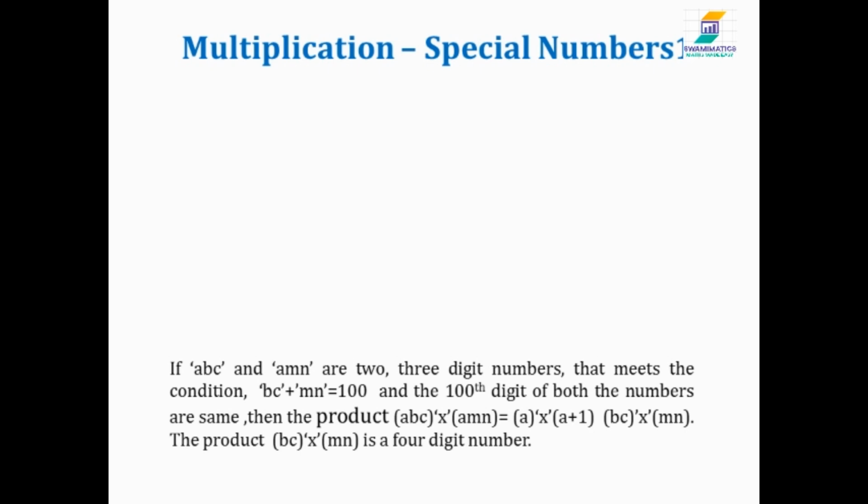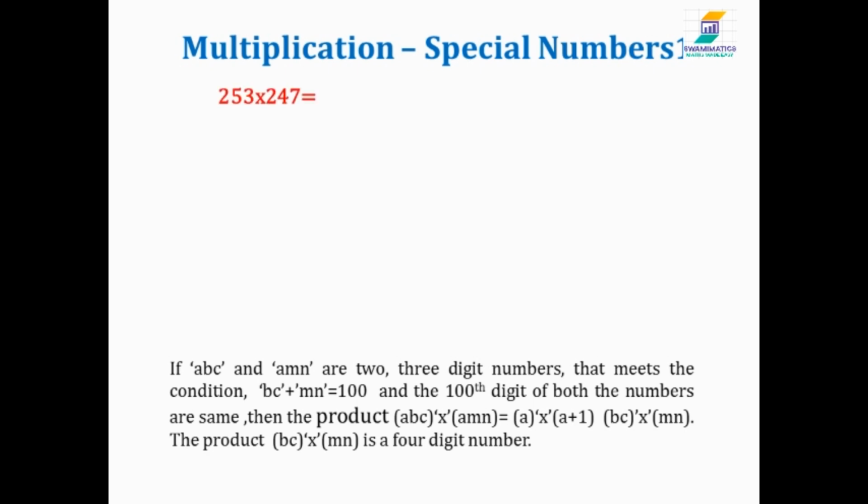In other words, ABC into AMN, where BC plus MN is equal to 100, A is the same, that is the hundreds digit, then the product is A into A plus 1, BC into MN.